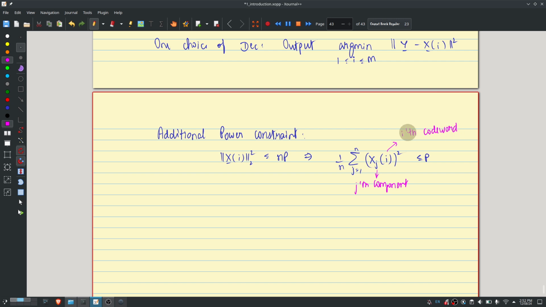Okay, and this has to happen for all i. All code words should satisfy this constraint.